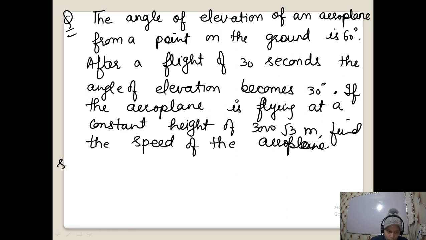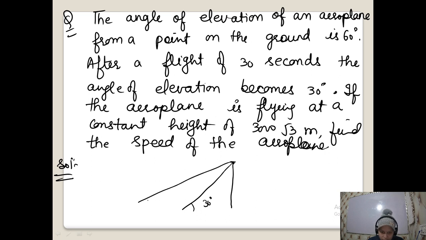Now you can solve it by drawing this diagram. First of all, you have to draw the angle of elevation of an aeroplane from a point on the ground is 60 degree. This is the aeroplane. Sorry, first it makes 60 degree angle.